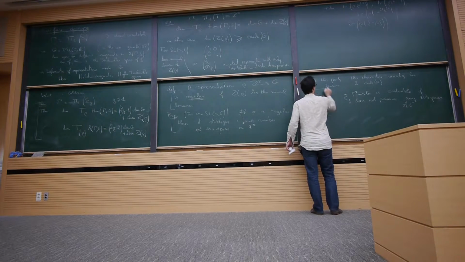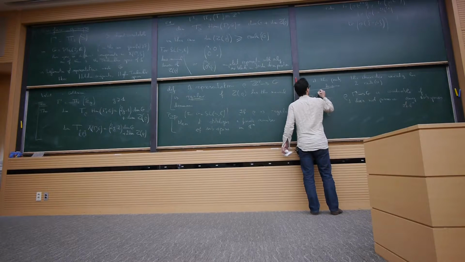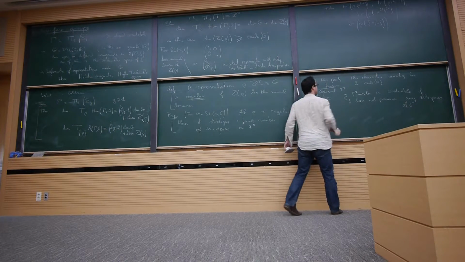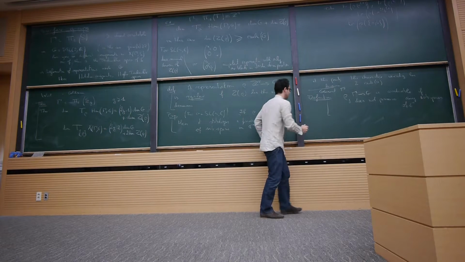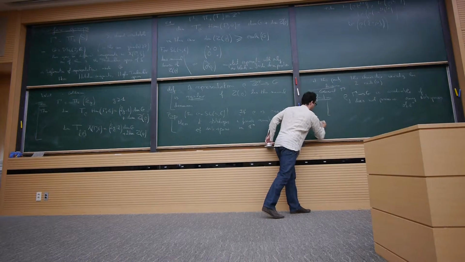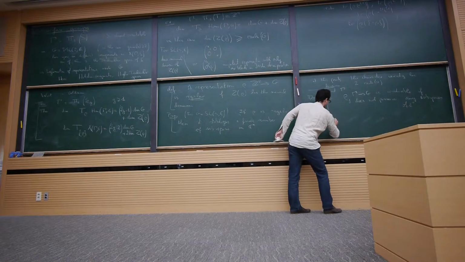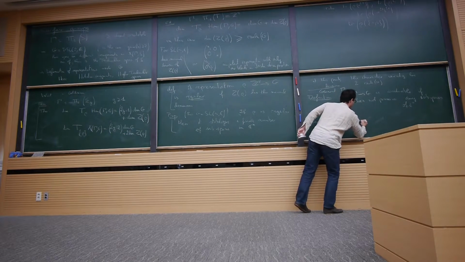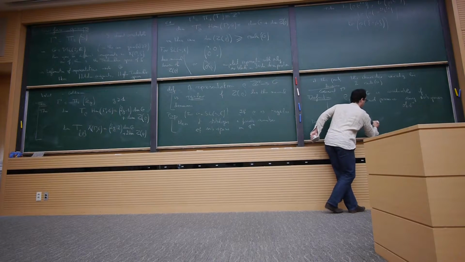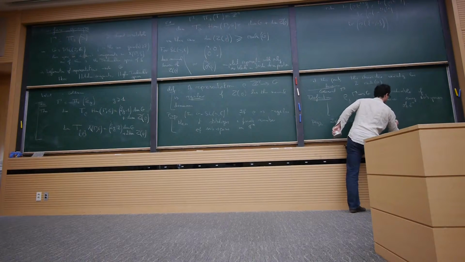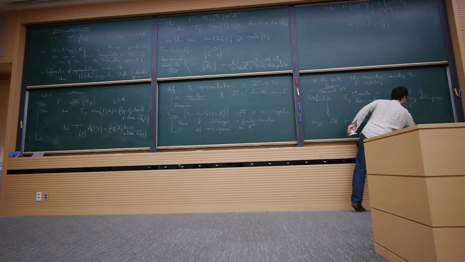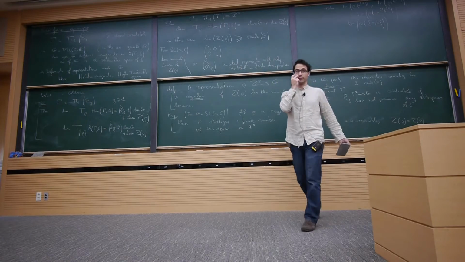Here, this is a general gamma, and a remark is that if rho is irreducible, its centralizer is exactly the center of the group.